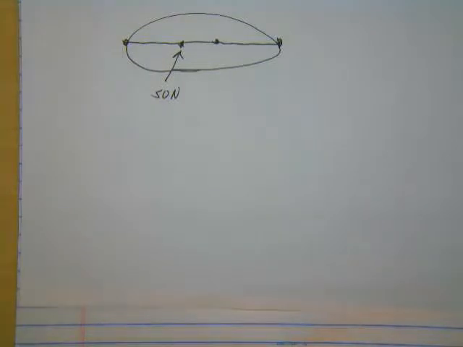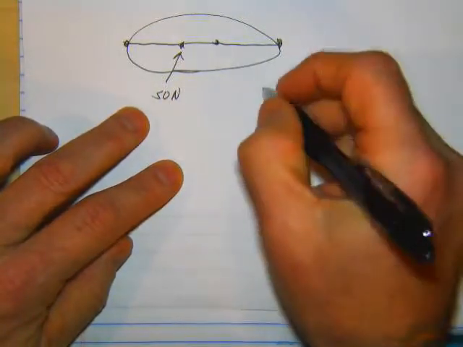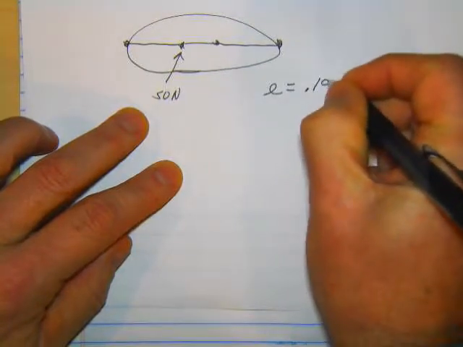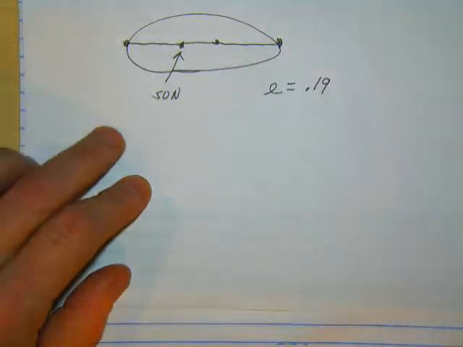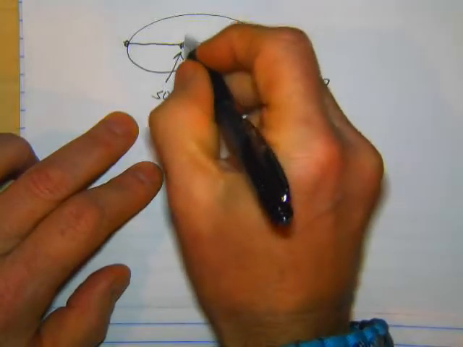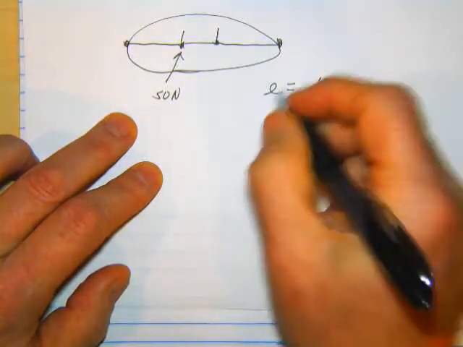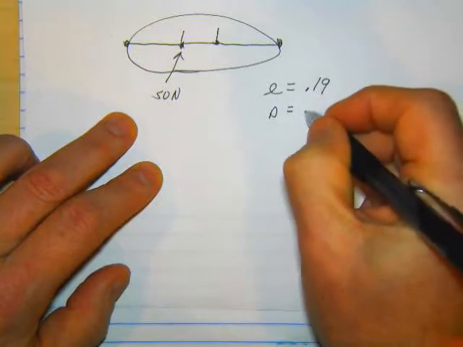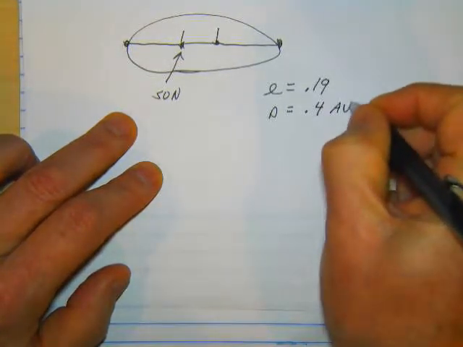So for this particular problem, we're going to say the eccentricity equals 0.19. The distance between the foci, this distance, is D equals 0.4 AU.